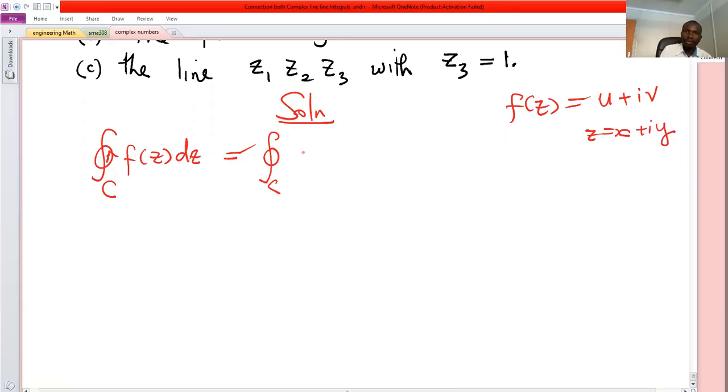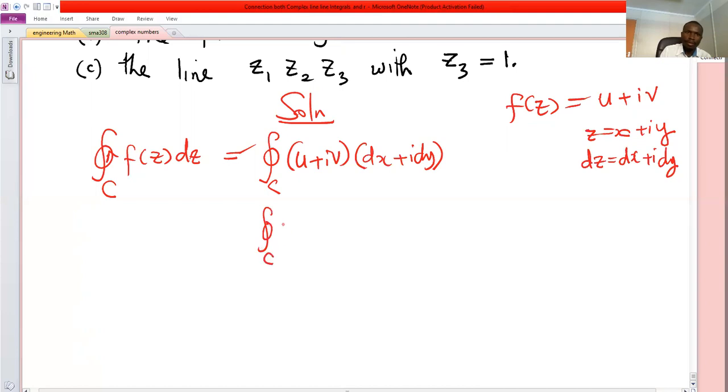So where there's f(z), we put u + iv, and dz means dx + i dy. And then you can rearrange this as the integral of u dx + u i dy + iv dx. i times i is −1, so negative v dy.